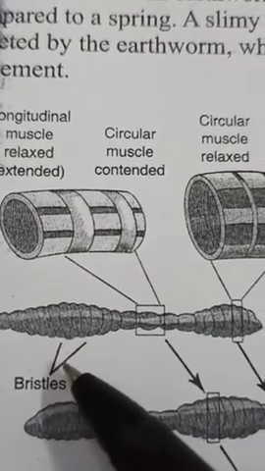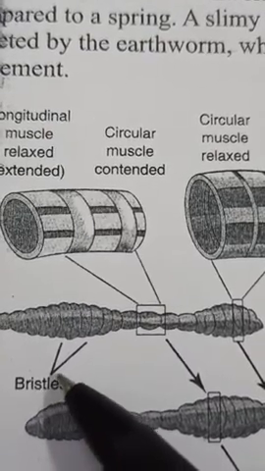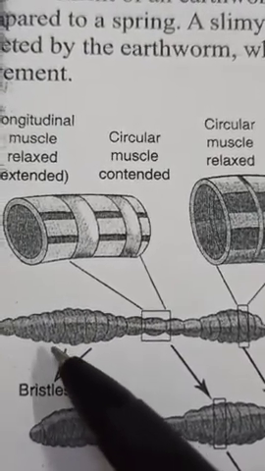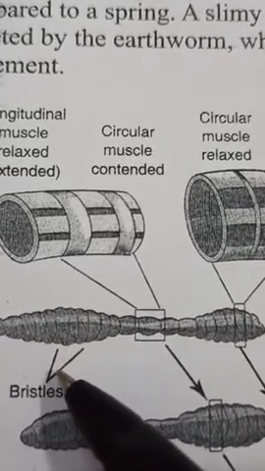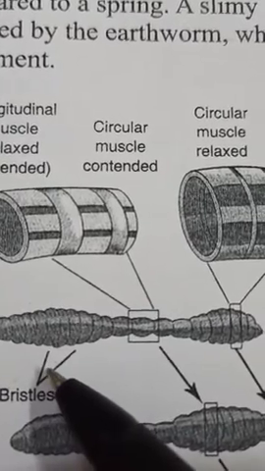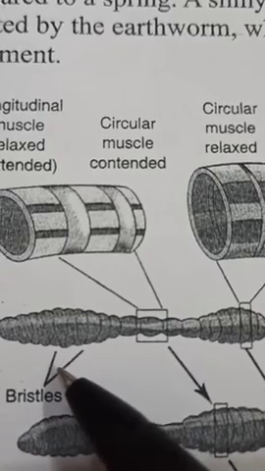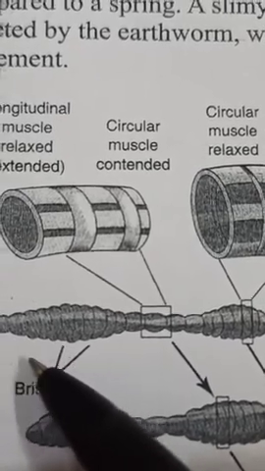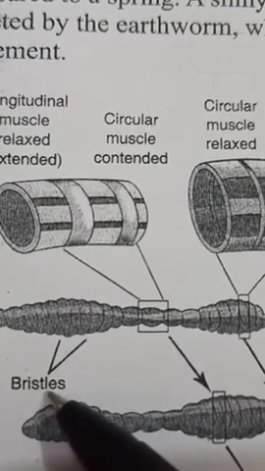And what is the function of these bristles? These bristles help the earthworms for movement. Okay, how the earthworm can move, that we are going to study here. We are studying the structures which are related with movement.